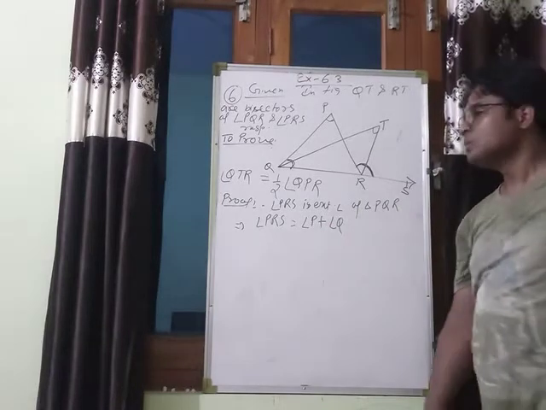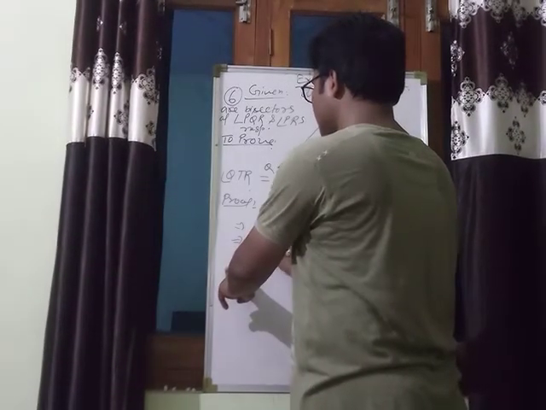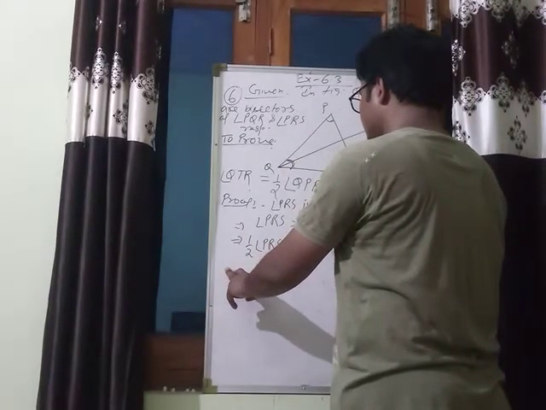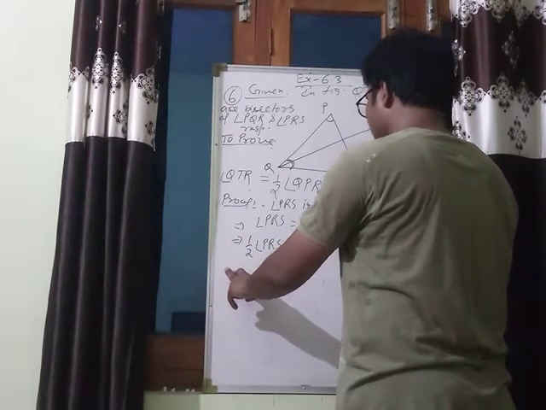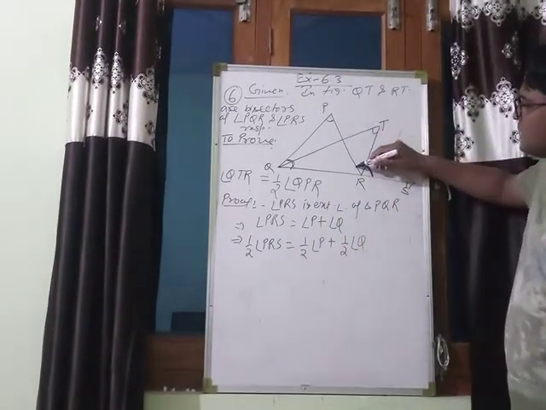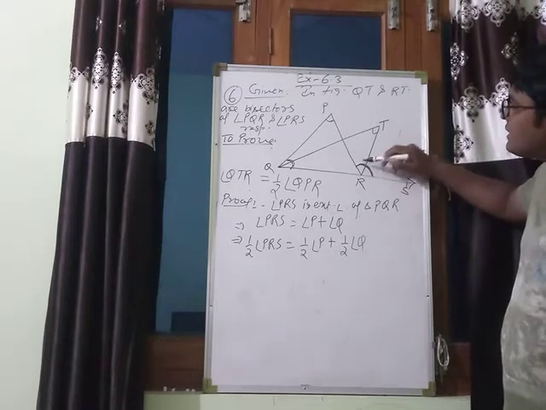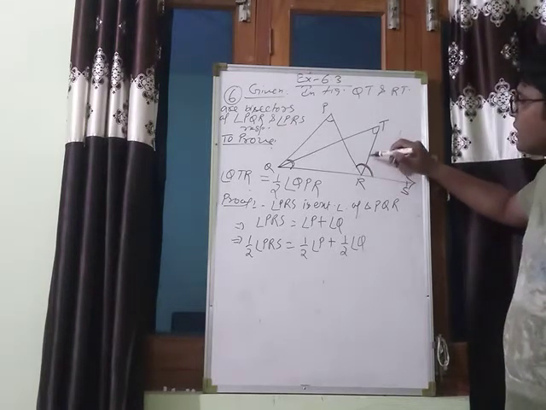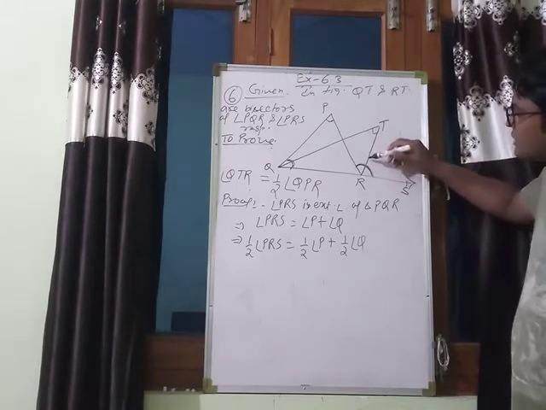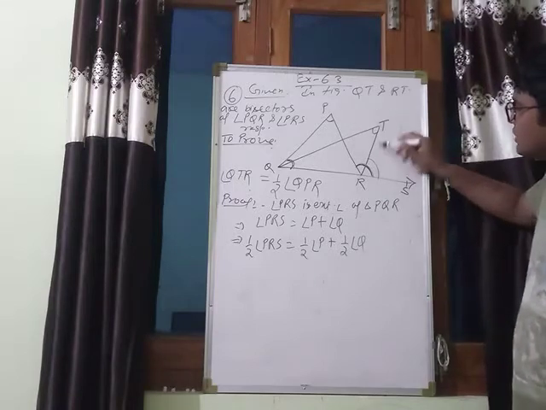Okay. So what will be half of PRS? Half of angle PRS is half of angle P plus half of angle Q. Now half of angle PRS, what will it be? See, this RT is bisector of this angle. Clearly, half of PRS is nothing but TRS.